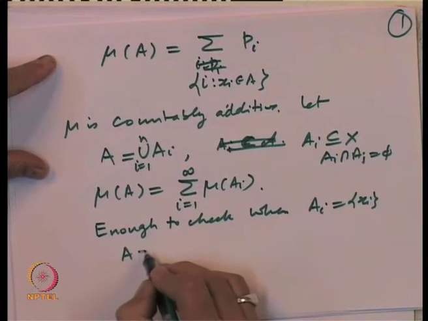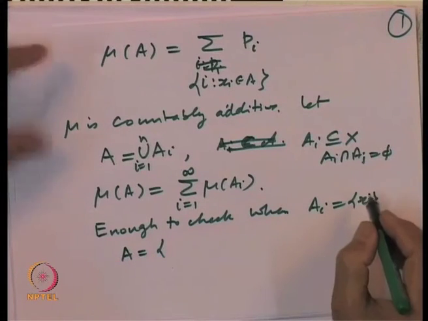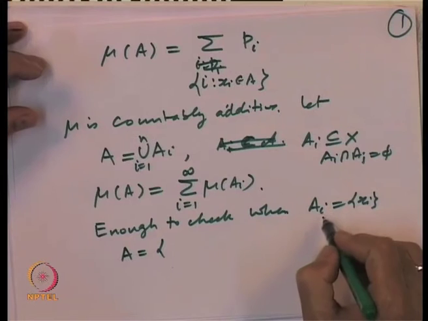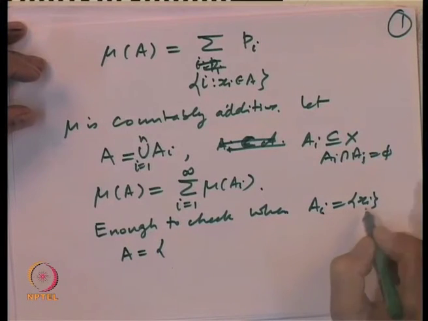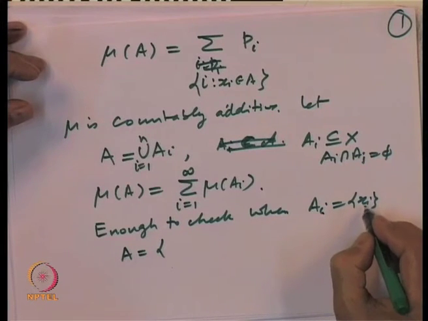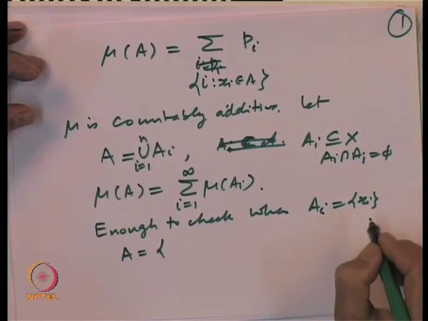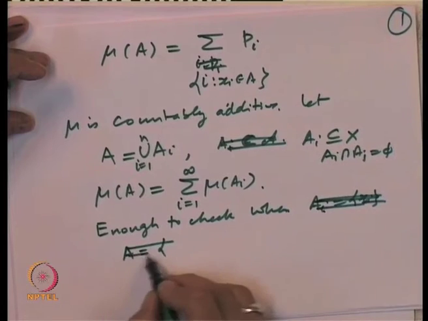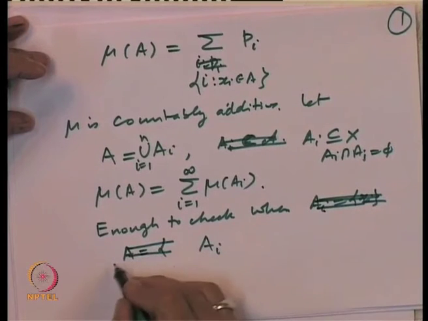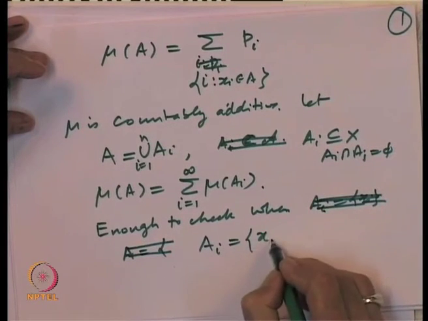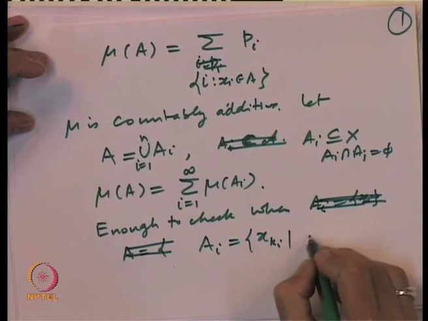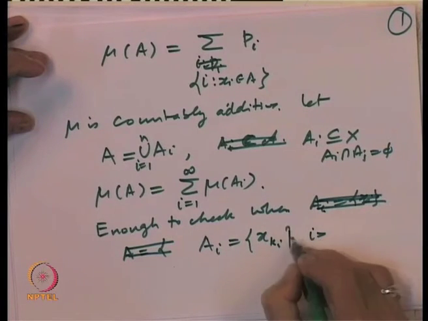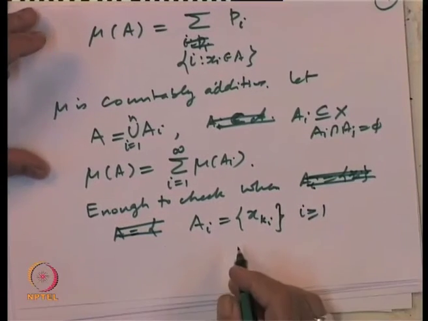So, what is A? X itself is x 1, x 2, x n, and so on. So, this will be the whole space. Let us look at the special case when A i is equal to some x k i, with k i bigger than or equal to 1.